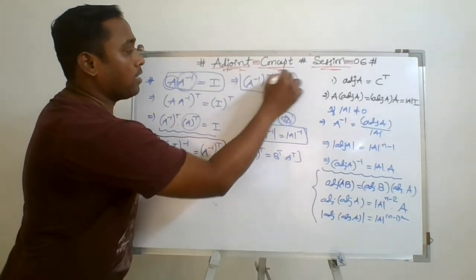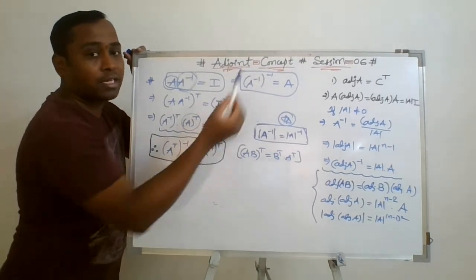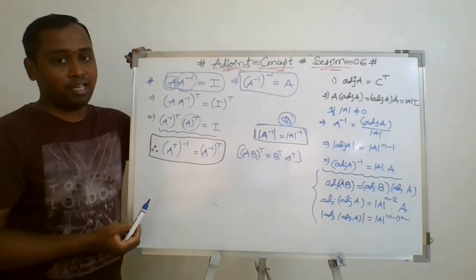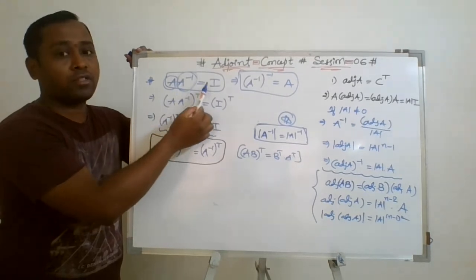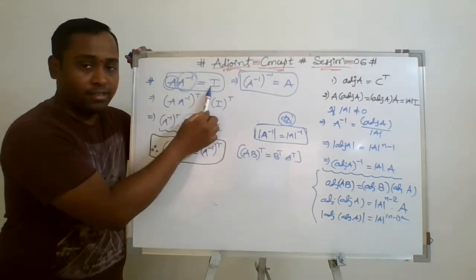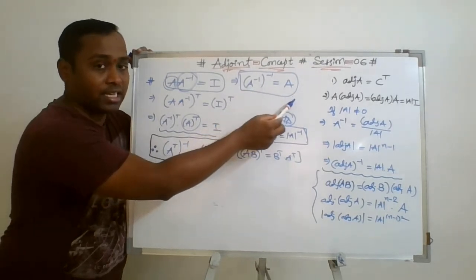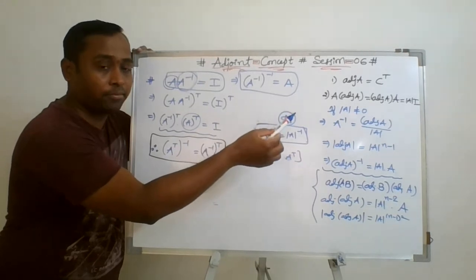So can I say from the result, inverse of inverse is the matrix itself? Now how beautifully these results came out. From the standard result that A into A inverse is equal to I, I can say inverse of inverse is the matrix itself, just like transpose of transpose is the matrix itself.